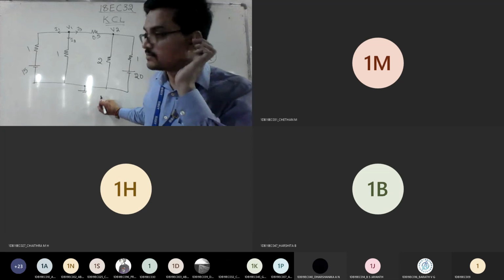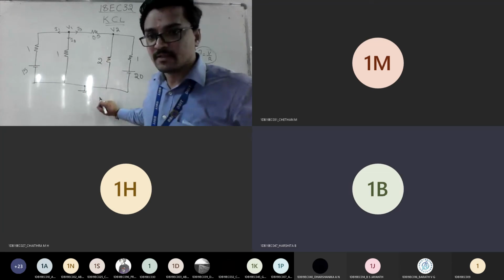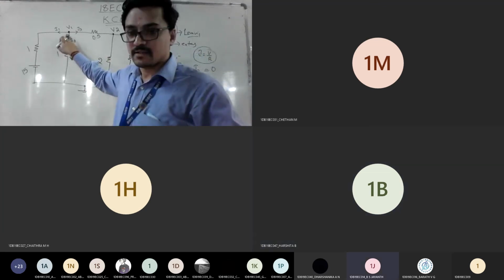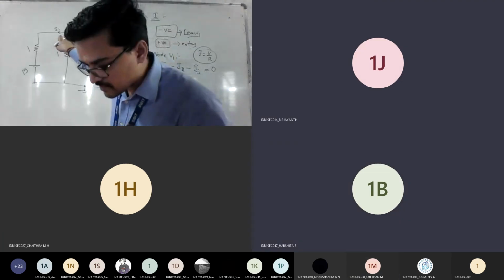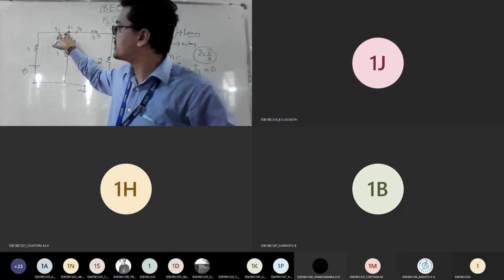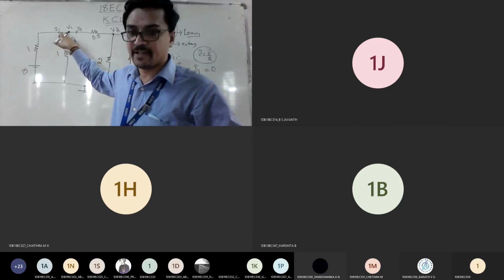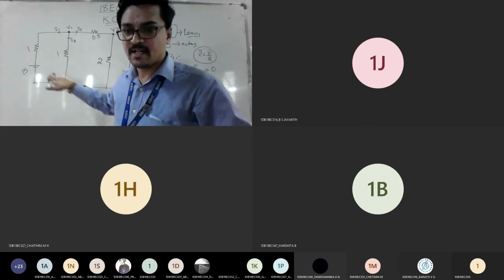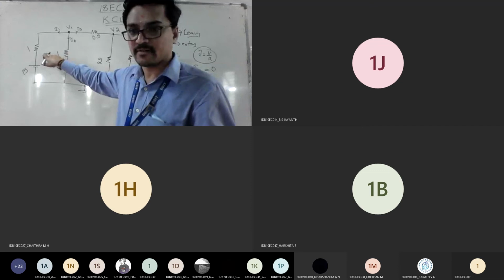V by R. It is the difference between the voltages. Yes. So you have to start with this junction. From here current is leaving, so I should take V1 minus 15 minus 0 divided by 1. Am I correct?